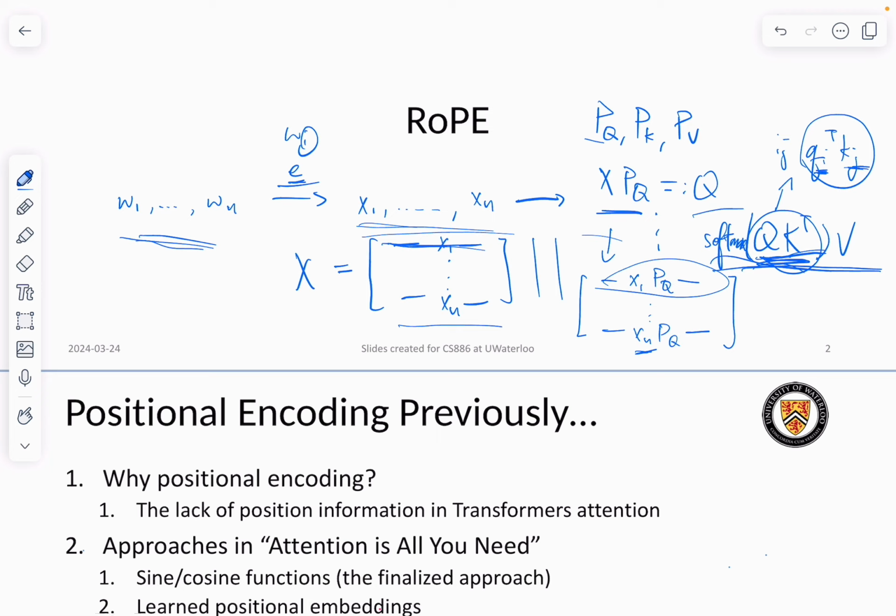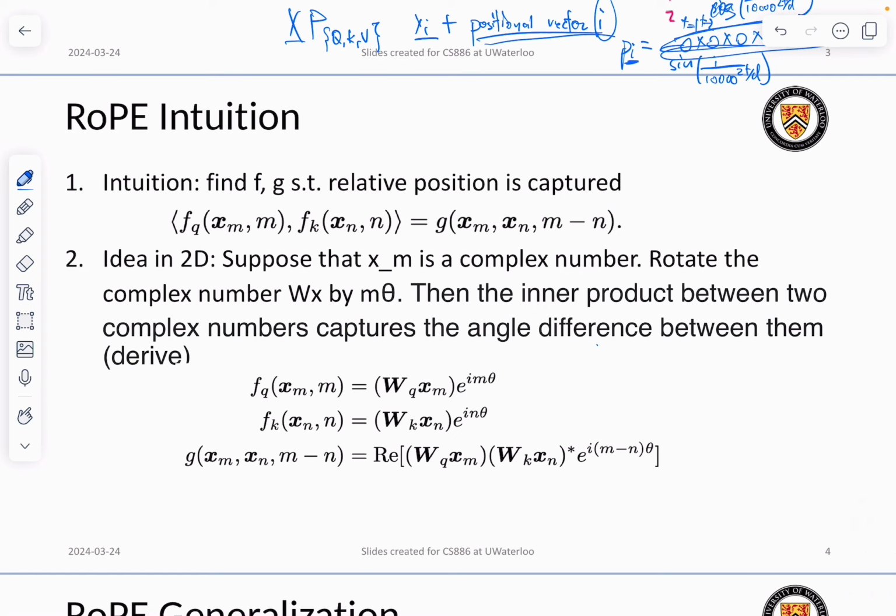The way RoPE does it comes from the complex plane. In the complex plane, if you want to rotate a vector x by theta, you multiply it by e^(i theta). So in RoPE, for x_m, we rotate x_m by m theta, and we rotate x_n by n theta.